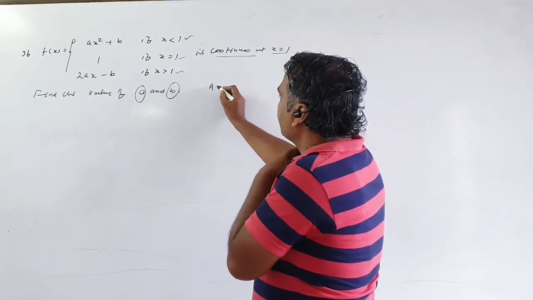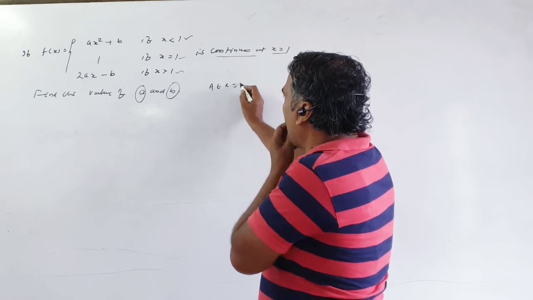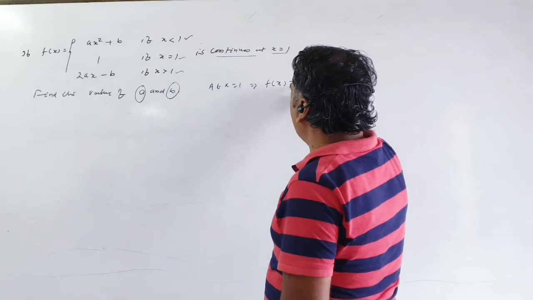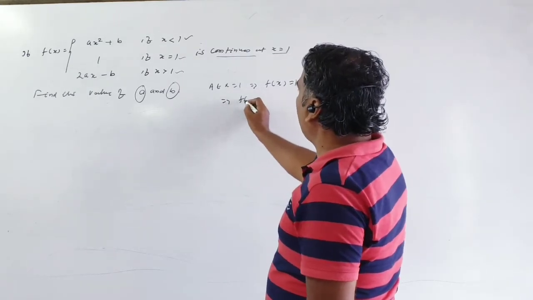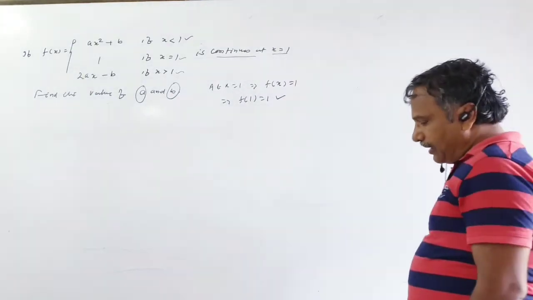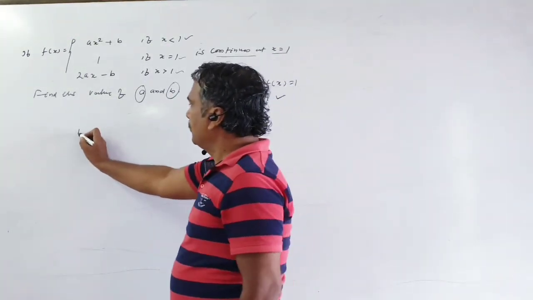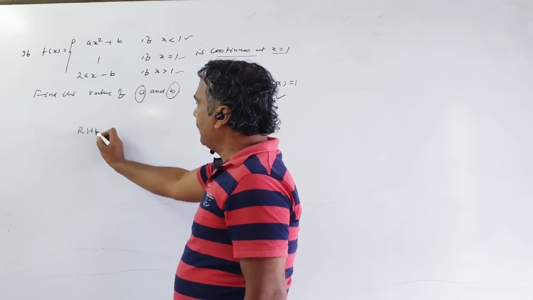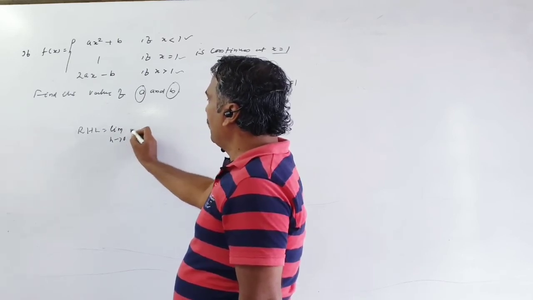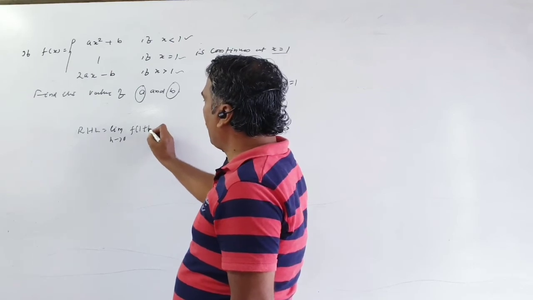At x equals 1, what is f(x)? Here given is 1, which implies f(1) equals 1. Now find the right hand limit: limit h tends to 0 of f(1 plus h).